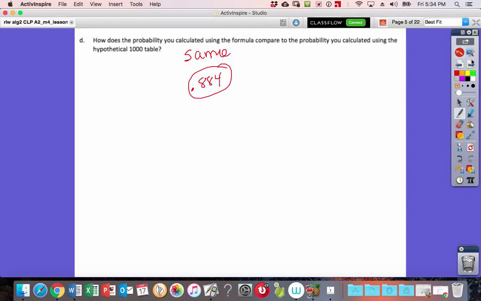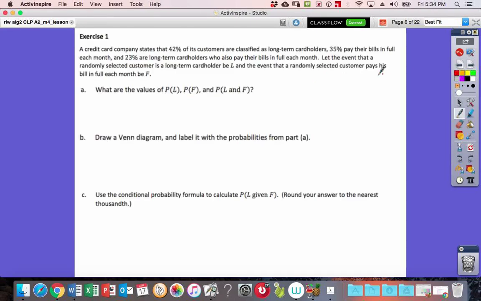Okay, so let's do one more. This one we're going to use that conditional probability formula. Let's see if we can get pretty good at it.